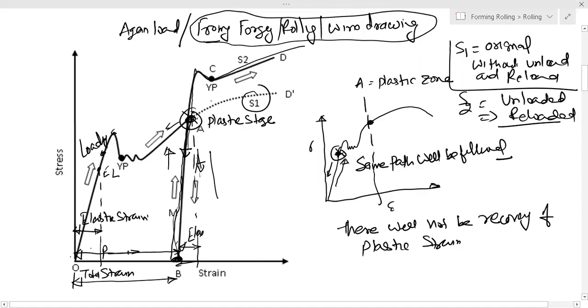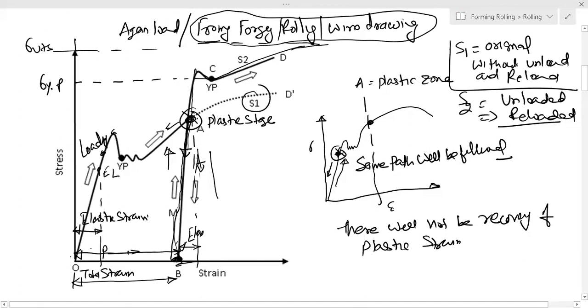So now what you see is that all mechanical properties, your yield point has now increased, ultimate point has increased, everything is increased.